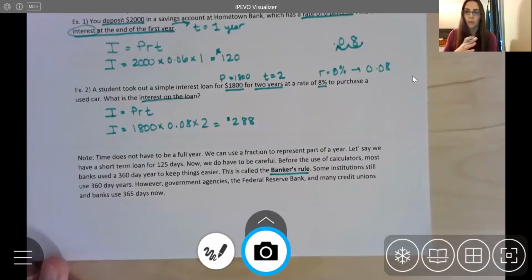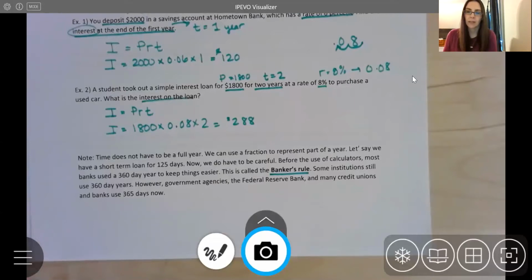This was more of an older method that was helpful before we had technology. So 360 days was much easier to work with because we would assume you had 12 months, each with 30 days in them. So it made calculations a lot easier for banks when we didn't have as much technology.